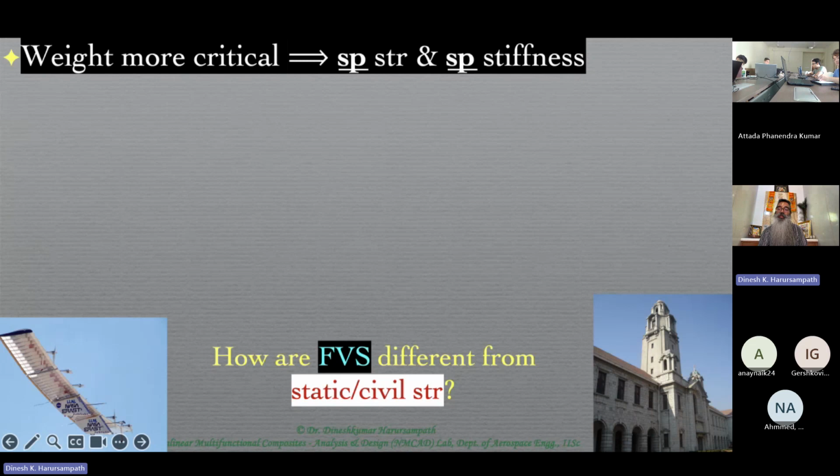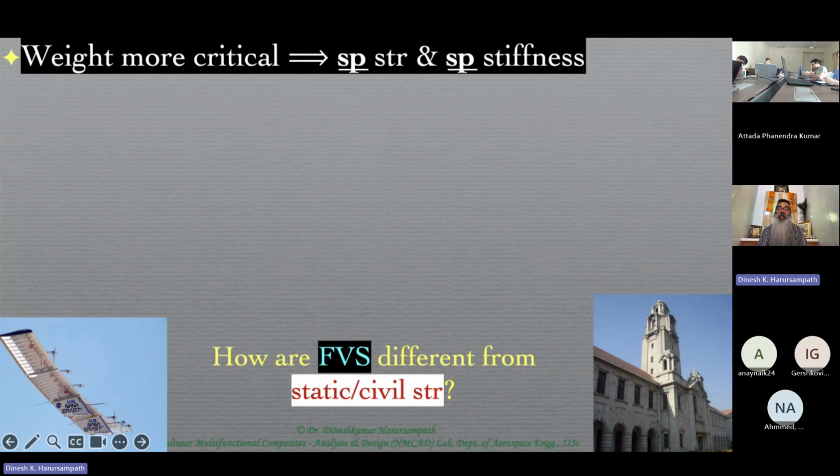Similarly, specific stiffness is defined as the stiffness of the material. In the simplest case, let's say you're looking at metallic structures like an aluminum alloy, it's essentially the Young's modulus of that, which is typically denoted by E. And so the density is denoted by the Greek letter rho.